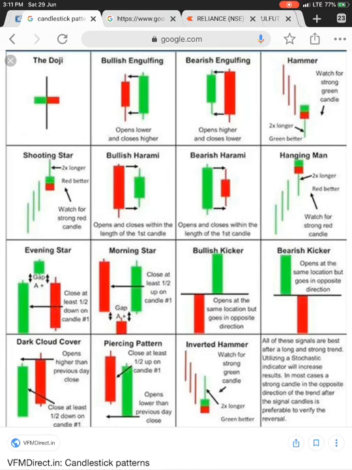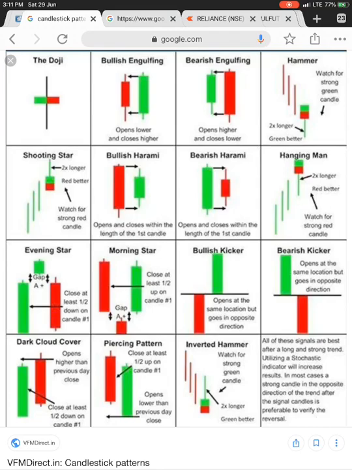The third candle, formed in between these two, is formed above, so a little bit of gap is present between the candles. And the pattern is such that the third candle closes at least half of the first candle, minimum half.